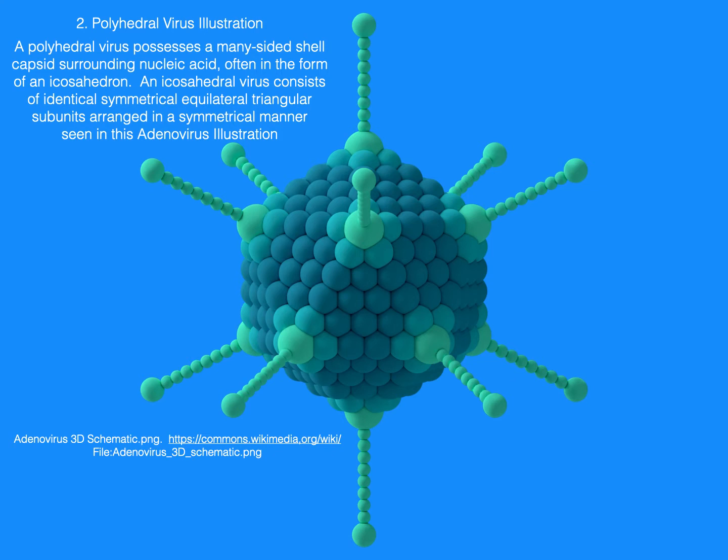Polyhedral virus illustration. A polyhedral virus possesses a many-sided shell capsid surrounding nucleic acid, often in the form of an icosahedron. An icosahedral virus consists of identical, symmetrical, equilateral, triangular subunits arranged in a symmetrical manner, seen in this adenovirus illustration.